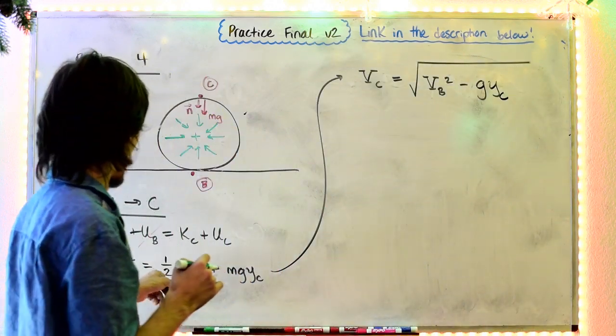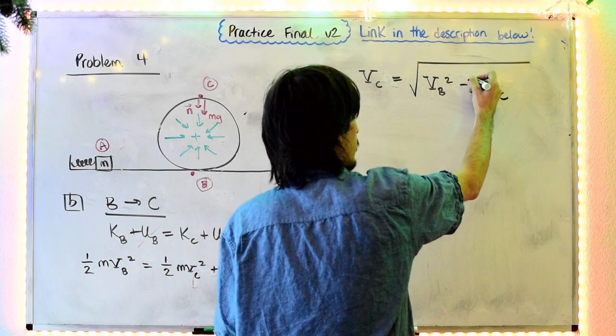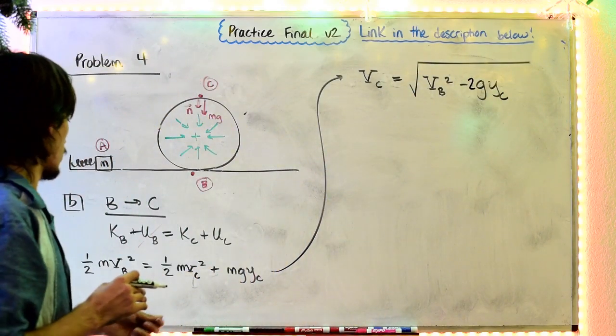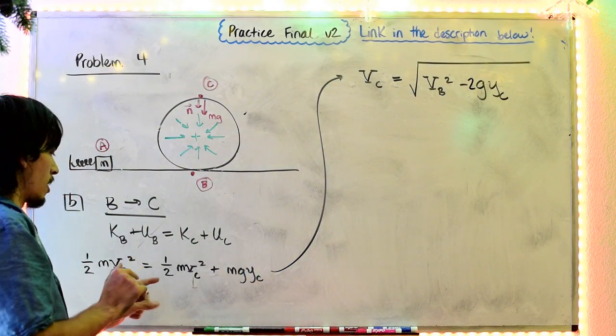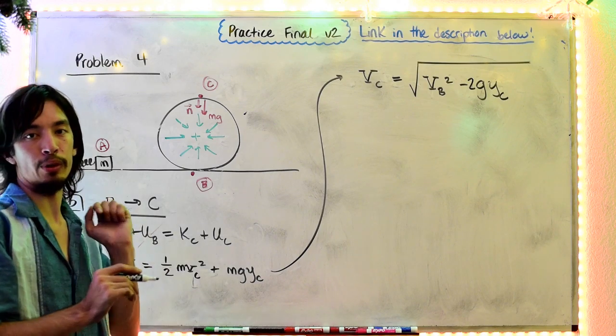When you multiply by 2 to everything, the 1/2 is gone and you get a 2 here. So again, move this term over and multiply by 2 and take the square root.